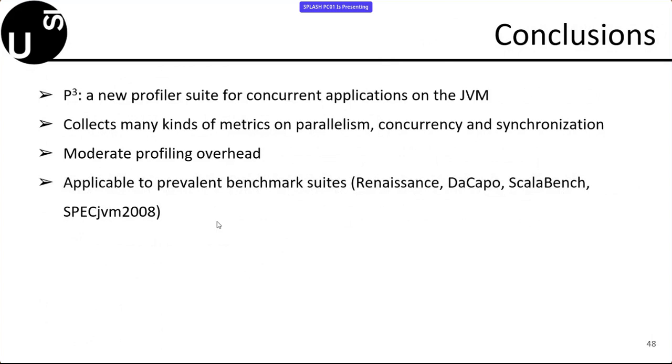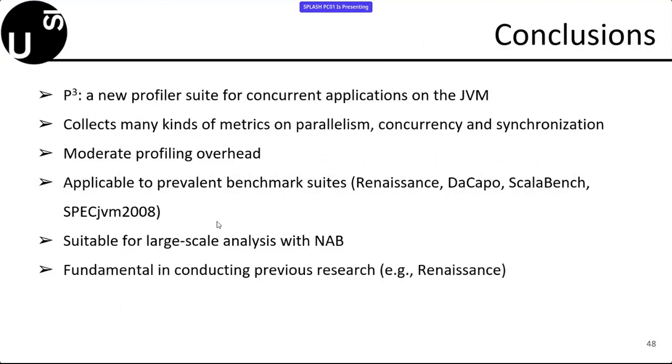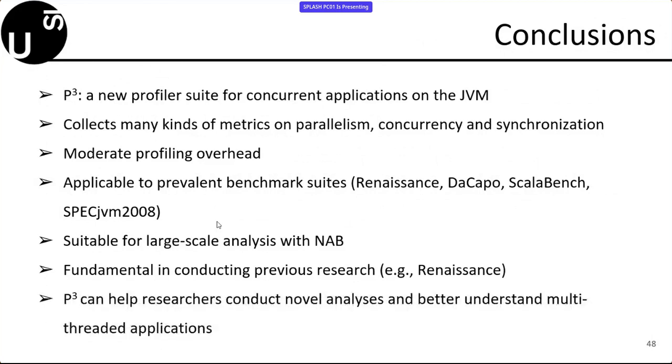It is readily applicable to prevalent benchmark suites, in particular Renaissance, DaCapo, ScalaBench, and SPECjvm2008. It is suitable for large-scale analysis with NEB, and it has also been very important in conducting previous research. Overall, we are confident that our tool can help researchers conduct novel analysis and better understand multi-threaded applications.